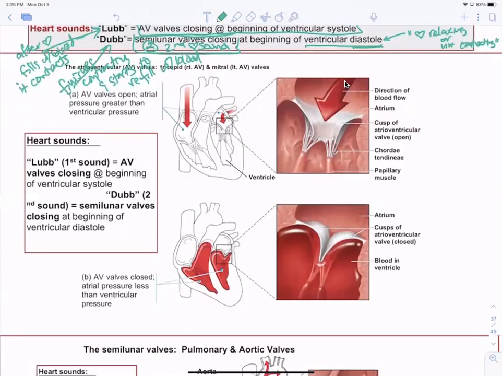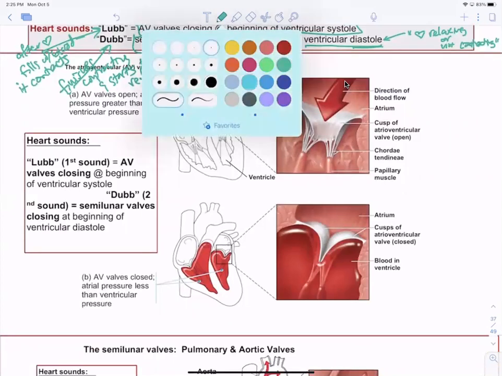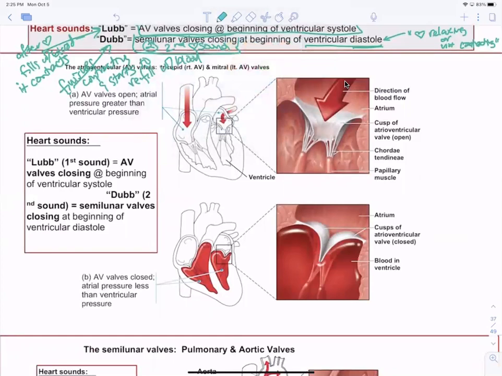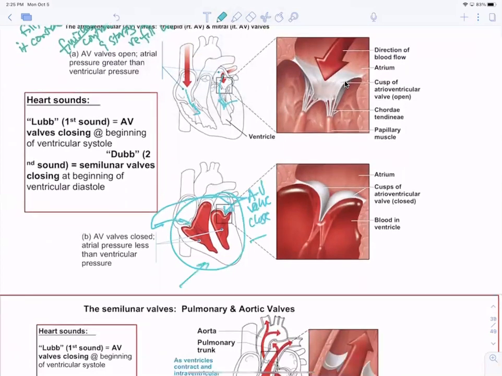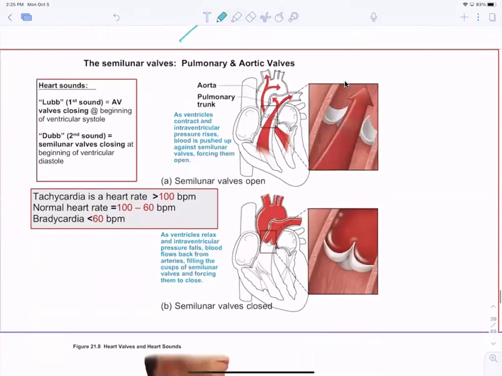So that is what these slides are showing you, right? Here, the heart is filling with blood, and here's where the AV valves close. When the AV valves close, this is where you start having contraction. Then it contracts and pushes blood out of the ventricles.